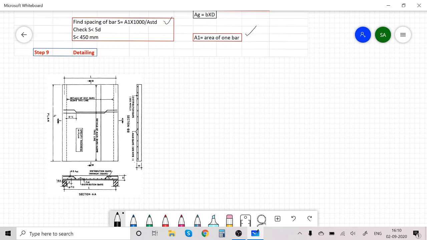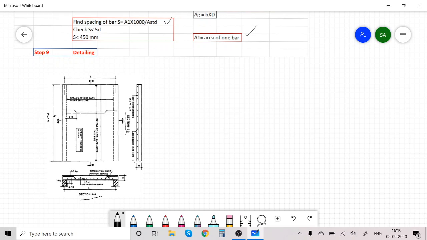So this is the standard cross section, and in shorter span direction, this AA is the cross section in shorter span, and section BB indicates the cross section in longer span direction. Show the arrangement of main steel and distribution steel.